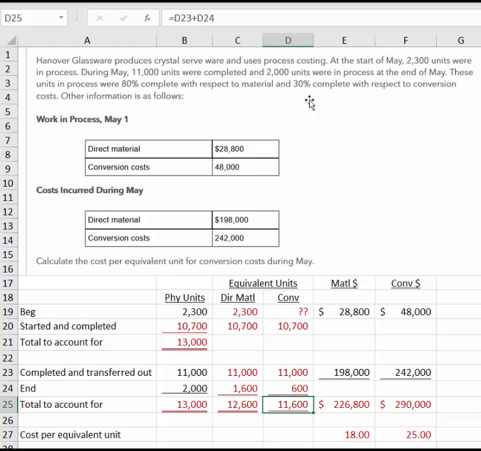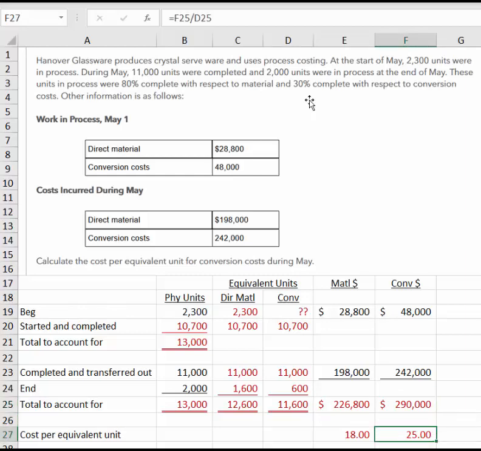All right. Then we come over here and we say, well, we're using weighted average. Weighted average means take what you know were the cost at the beginning of the period and add in what else you incurred. Lump that together and divide by the equivalent units. So if we lump that together for materials, it's 226,800, right? I'm just summing from above, and I'm summing from above for conversion.